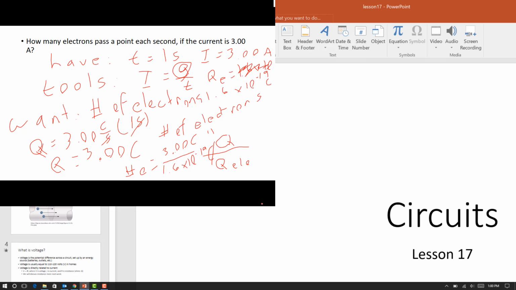And coulombs will cancel, and you'll be left with just a number, which is good, because if you're talking about the number of something, it should be just a number. And so 3.00 divided by 1.6 times 10 to the minus 19, with 3 sig figs, would be 1.88 times 10 to the 19. 1.88? Okay. 1.88 times 10 to the 19.